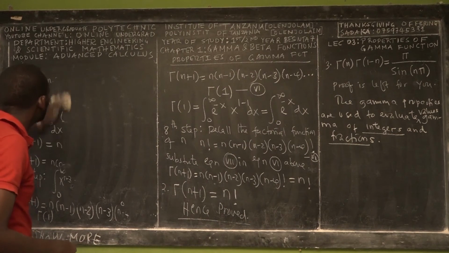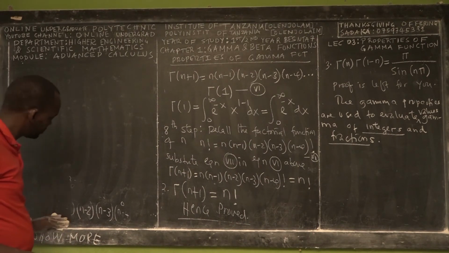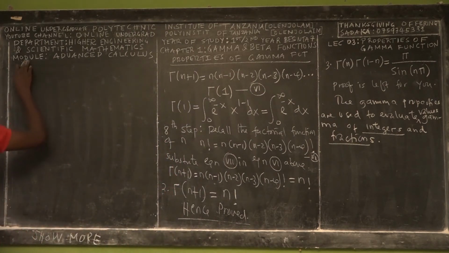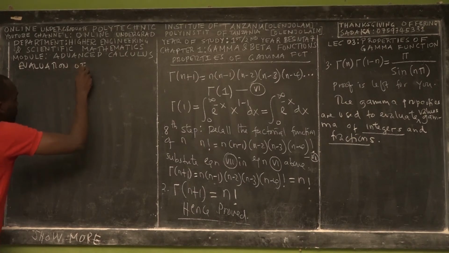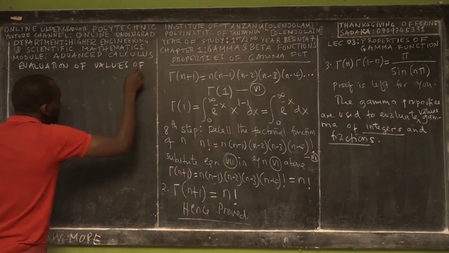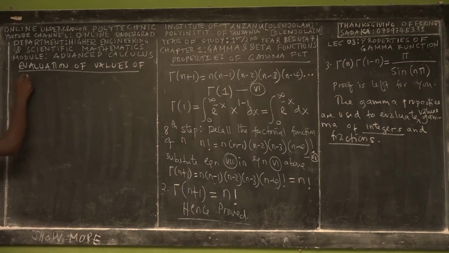This first part is all about the evaluation of values of gamma of positive integers.